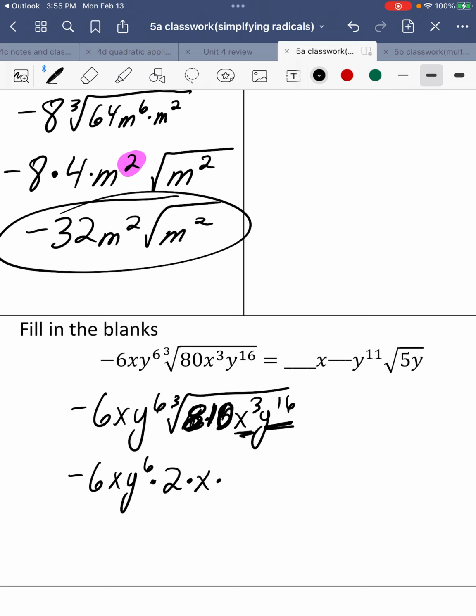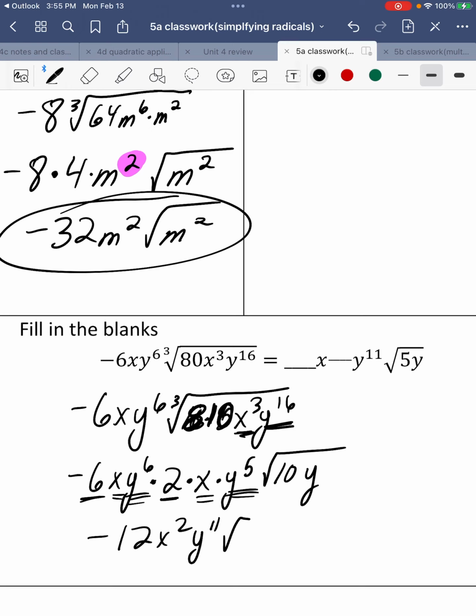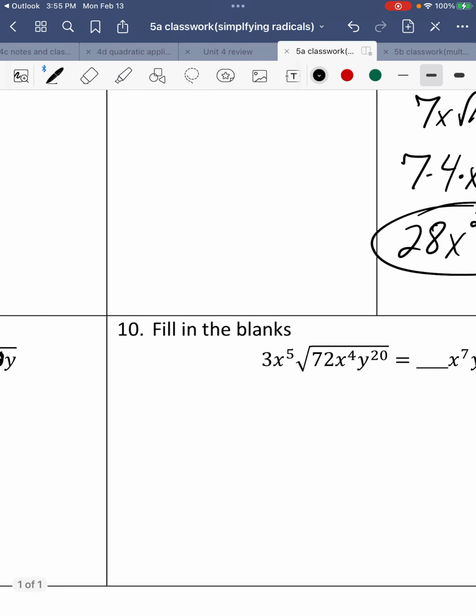And cube root of y to the 16th, there's 5 groups that can come out, so that's y to the 5th, with a y left over inside. So it's going to be a 10 and a y left over. Negative 6 times 2 is negative 12. X times x is x squared. Y to the 6th times y to the 5th is y to the 11th, cube root of 10y. So we have negative 12 x squared y to the 11th, cube root of 10y.